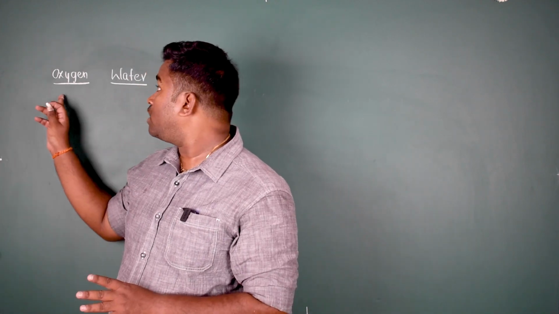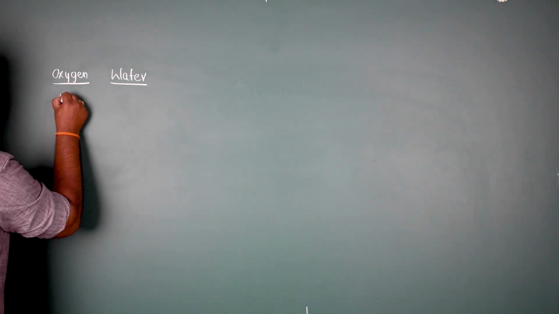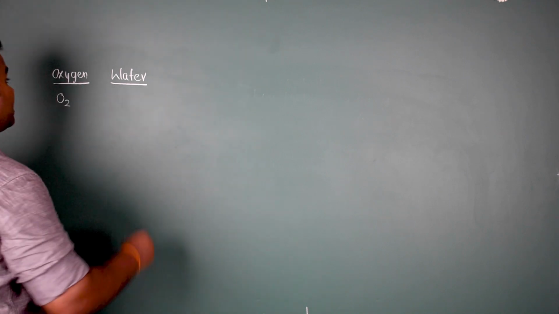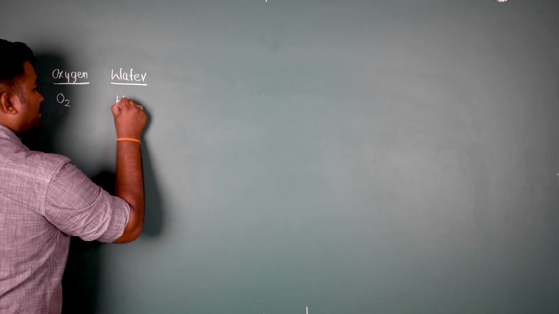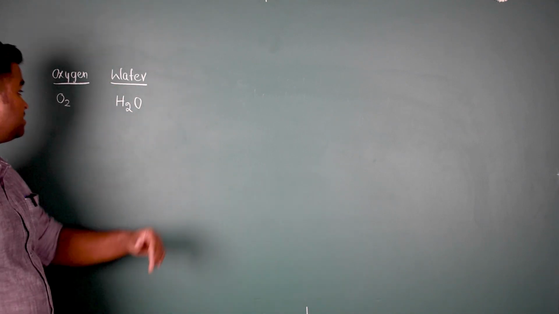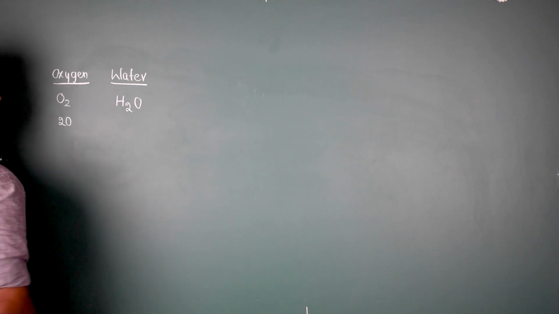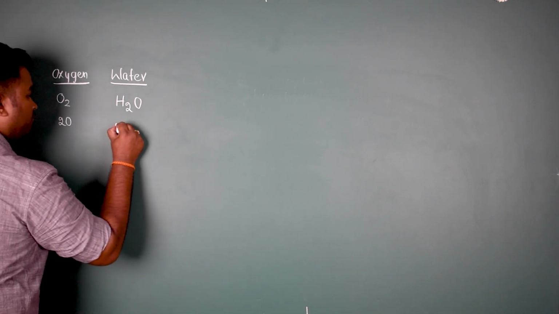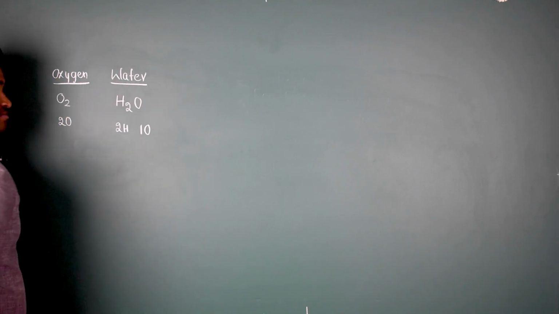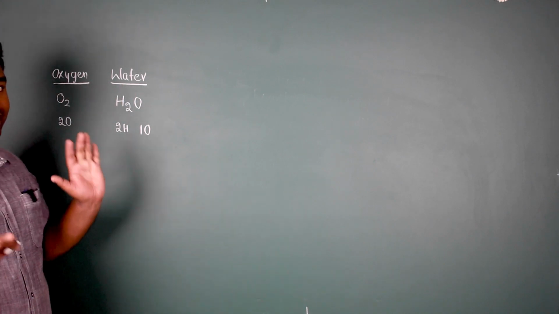So if we look at this oxygen and water, oxygen exists as oxygen molecule, that is O2, correct? Similarly, water exists as H2O. That means oxygen is made up of two oxygen atoms, whereas water is made up of two hydrogens and one oxygen atom. You told me these two substances are different.